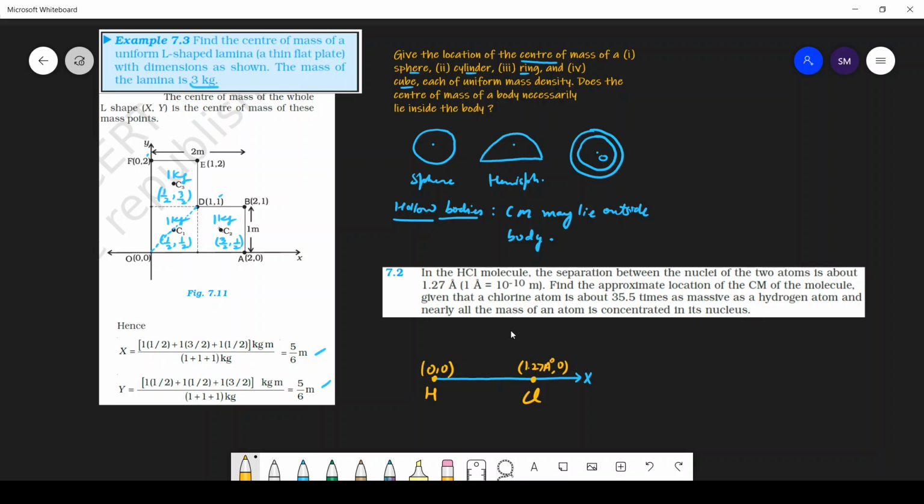What about the masses? If you take the mass of hydrogen as x, then the mass of chlorine is 35.5x. So the ratio is given to you. Now can you calculate it? You can consider the hydrogen mass as 1 unit and the chlorine mass as 35.5 units.